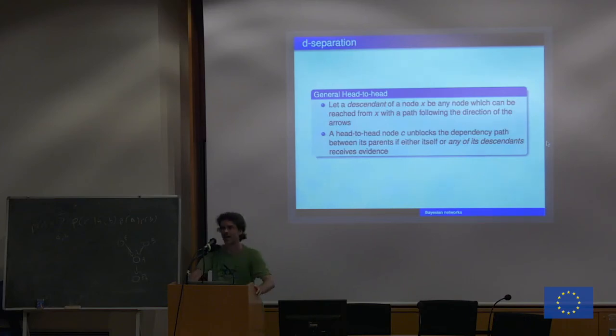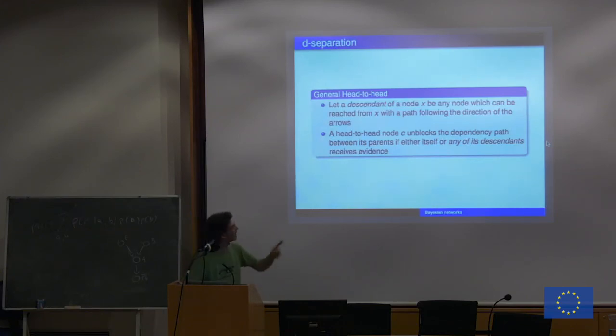So in this case of the head-to-head, it's a little bit more complex because the two possible causes become related not only if the direct effect is observed, but also if just a consequence of the direct effect is observed. Okay? Maybe they become more loosely connected the farther down you go in the chain, but in terms of there is a dependency or not, observing an effect of the central node will put these two causes in competition, and so they will become dependent.